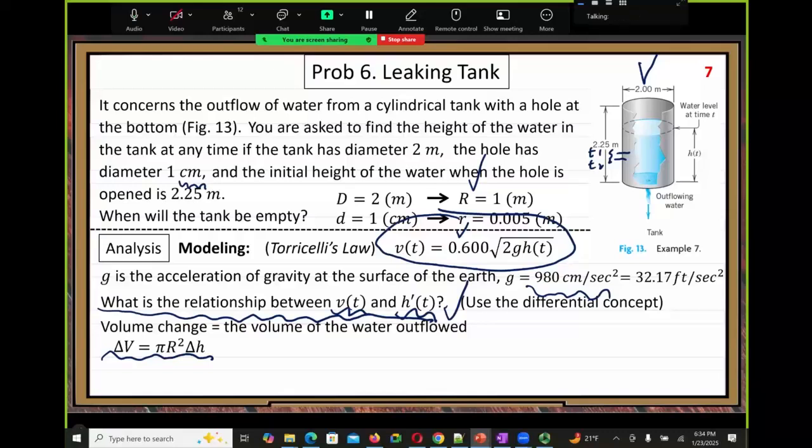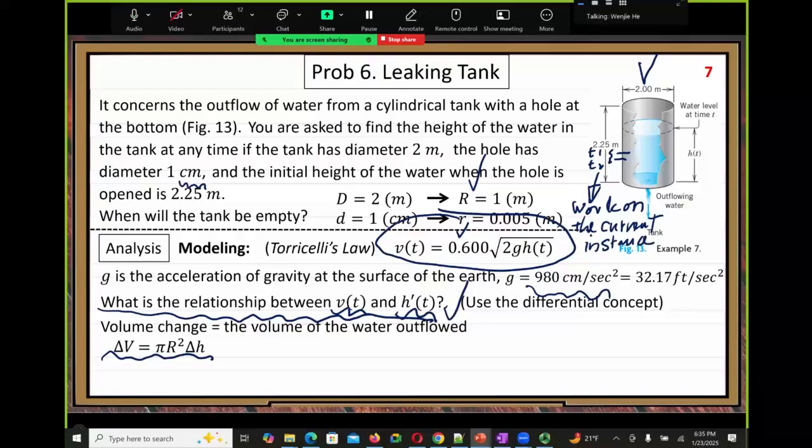Although we use two time instances, our goal is to work on the current instance, only one time, t.